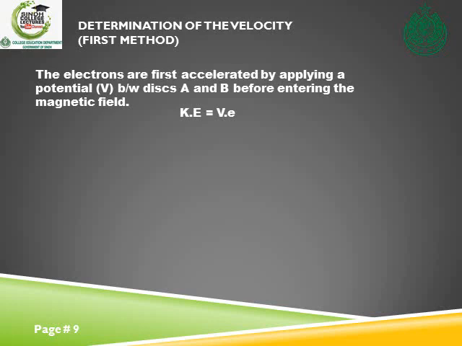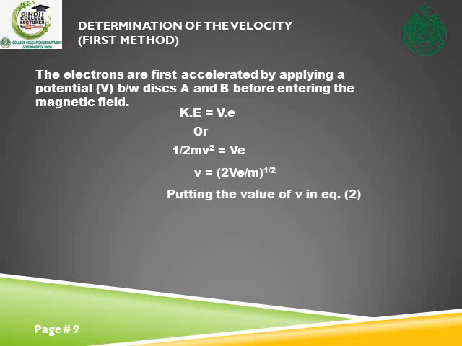This is the basic definition of voltage or potential difference: energy or work done per unit charge. So kinetic energy, half mv squared, is equal to voltage multiplied by charge. Now velocity from this equation would be equal to (2Ve upon m) to the power half.